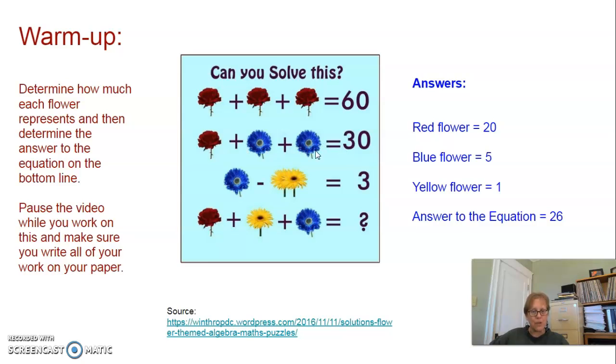Then you've got a 30 here. You're going to take away one of the red flowers, which is 20, so that leaves you with 10. Now you know the 2 blue flowers have to equal 10, so they must each be worth 5, half of 10. Now I've got 5 minus something needs to give me 3. Well, this has to be 5 minus 2.